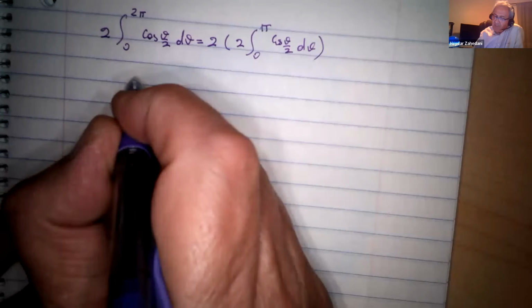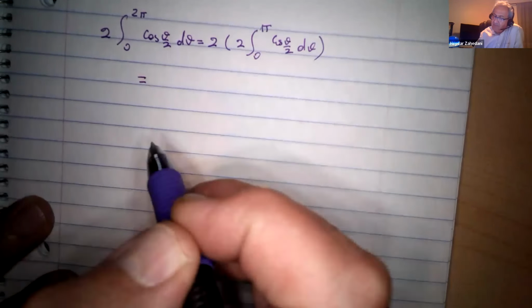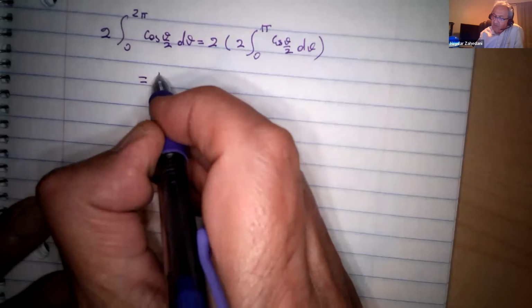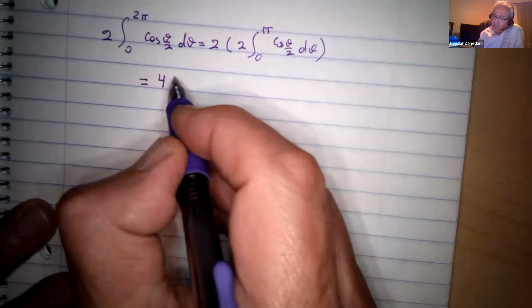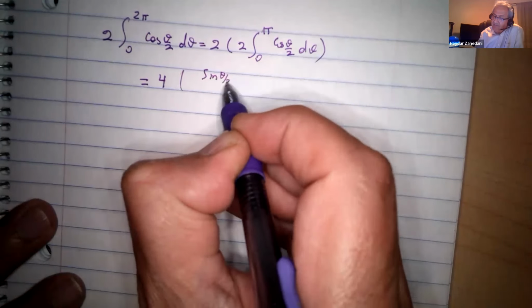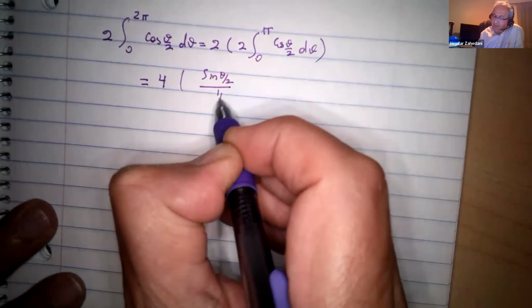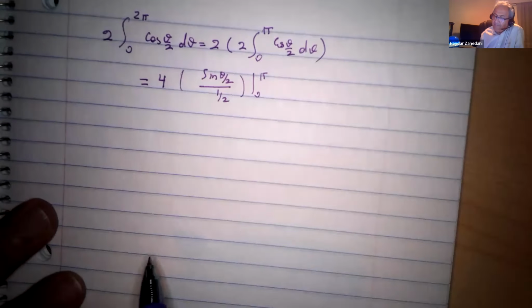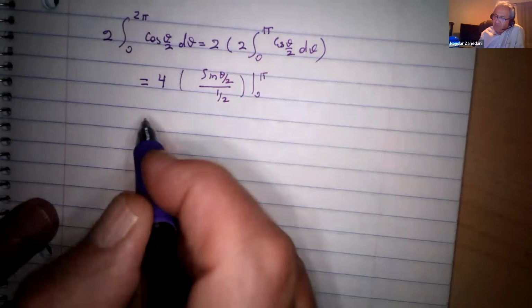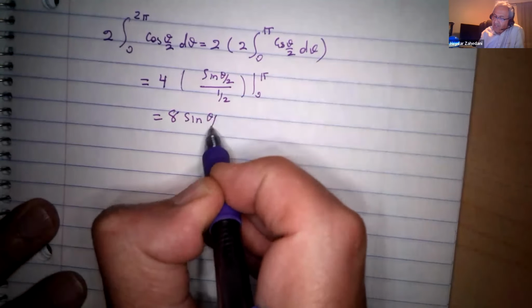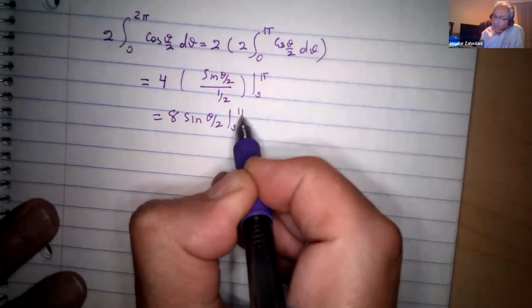So this is going to be equal to the same thing that we did. The integral would be sine of theta half divided by the half, to be evaluated from 0 to pi. So you switch this one, that gives you 8 sine of theta half from 0 to pi.